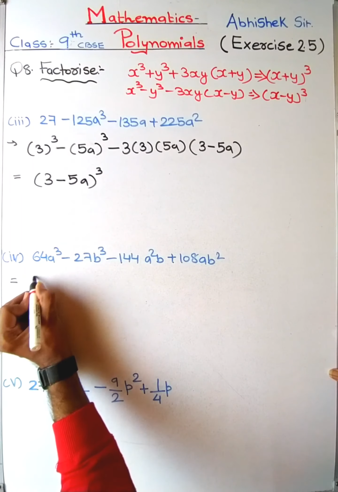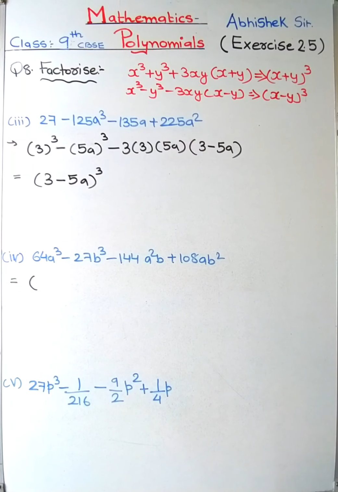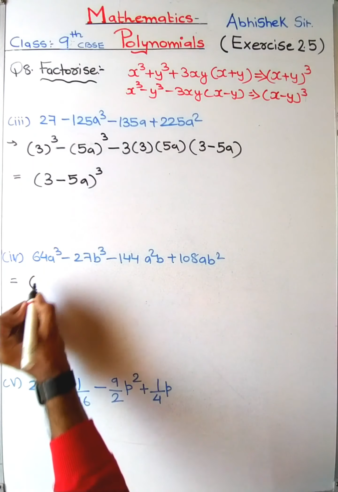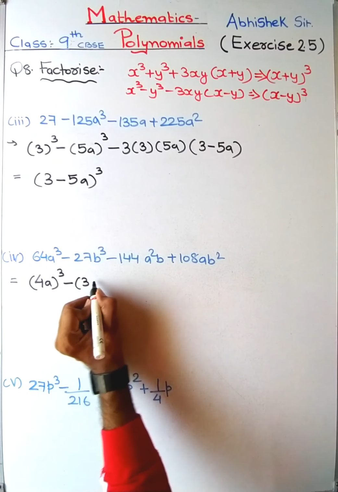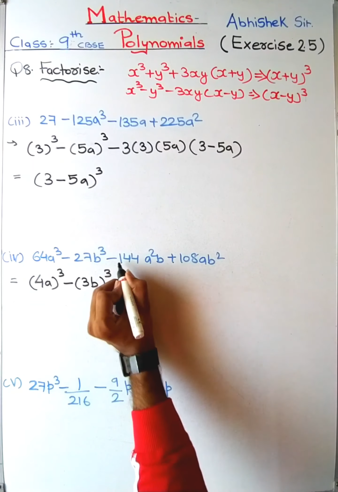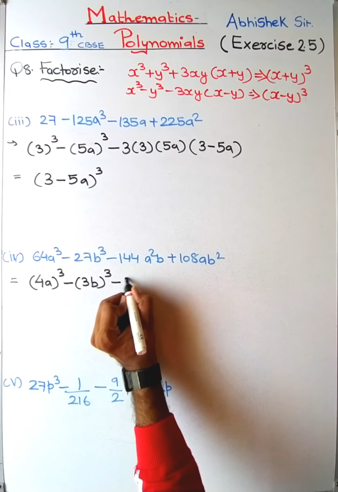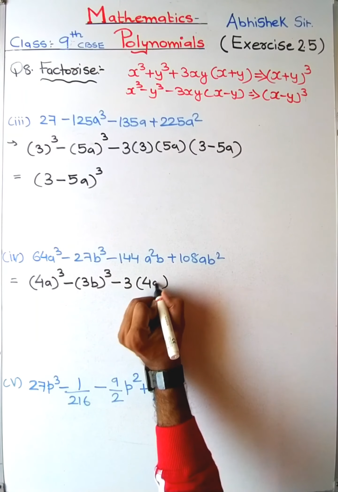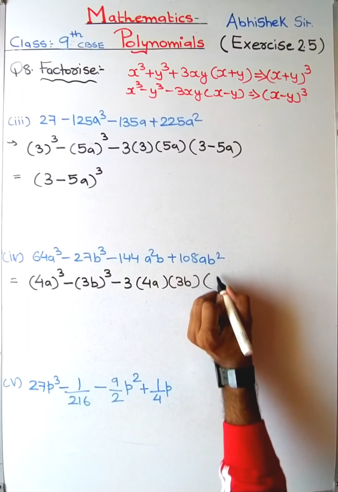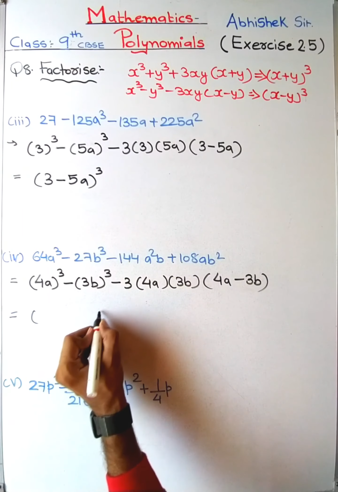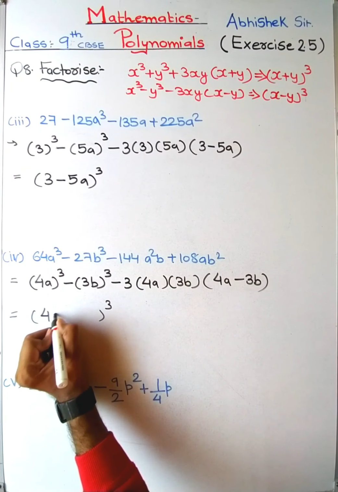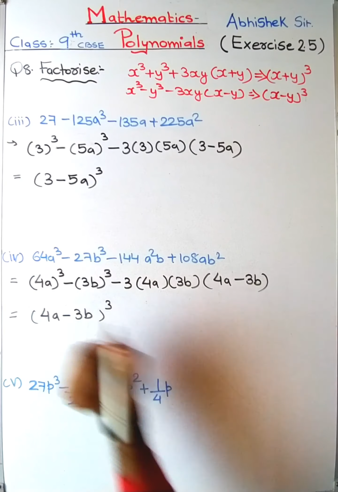This question: 64 is the whole cube of, tell me, 4 into 4, 16, 16 4s are 64, so it is 4a whole cube minus 27 is the cube of 3b whole cube. Don't worry about these two terms, just follow the identity: 4a, 3b into the bracket 4a minus 3b. Our answer will be the whole cube of 4a minus 3b.